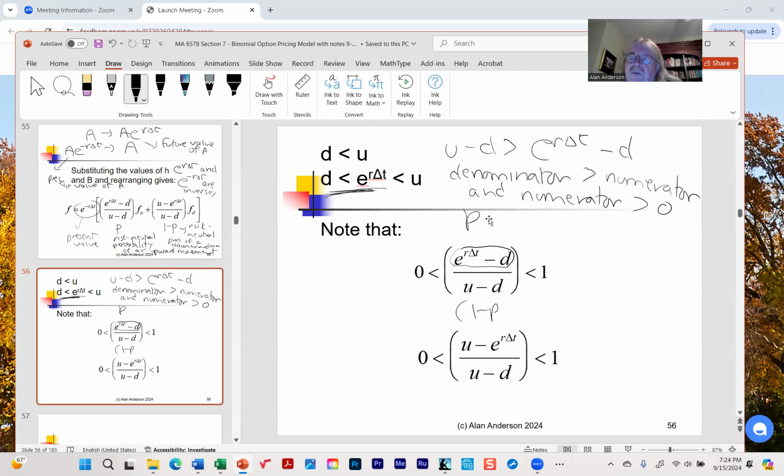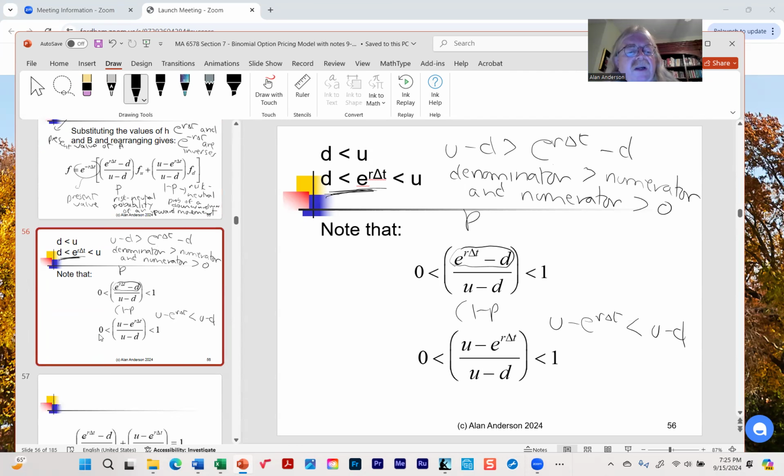You know that it's less than 1, although it could technically be equal to 1, and the numerator is guaranteed to be positive. And so based on the same reasoning, the same thing is true down here. And so we're guaranteed that these are probabilities because they're guaranteed to be between 0 and 1.